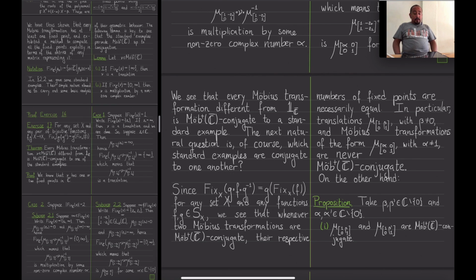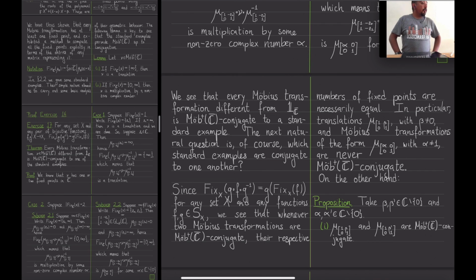So now, the first thing is conjugation preserves the number of fixed points, right? And it's again this beautiful formula. So in particular, a Mobius transformation with exactly one fixed point is never conjugate to a Mobius transformation with exactly two fixed points to begin with, right?